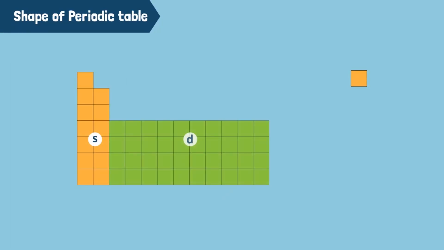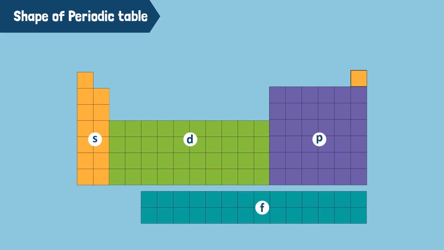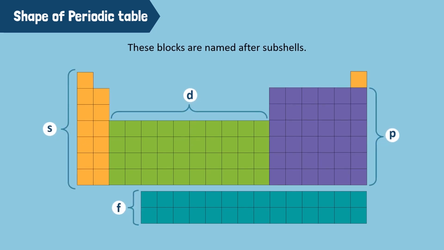The periodic table is divided into 4 different blocks: the S block, the P block, the D block, and the F block. Do the letters sound familiar? Yes, these blocks are named after subshells. Every element has valence electrons located in one of the subshells.